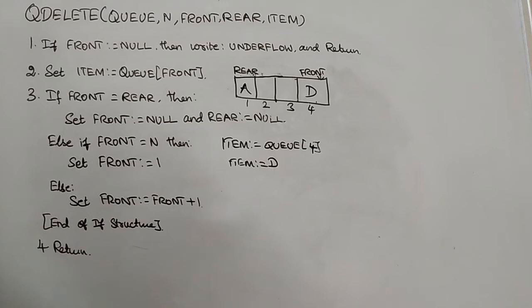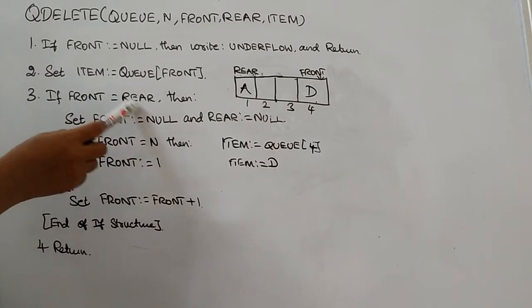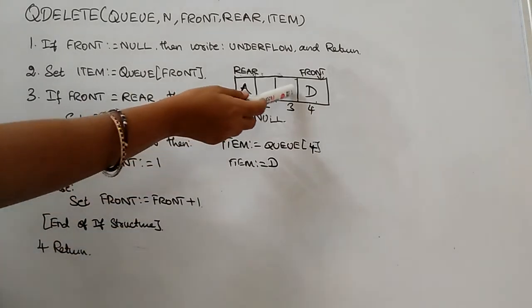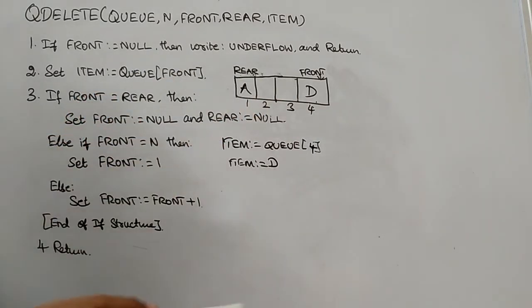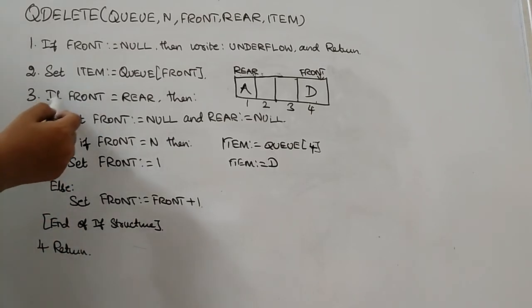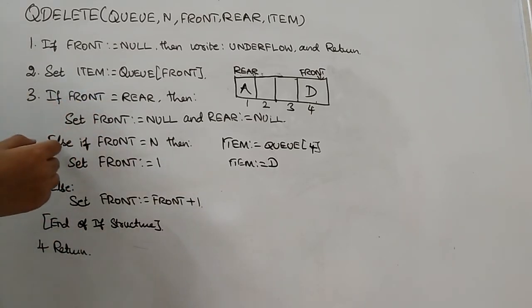Next we are going to change the value of front, so we check whether front is equal to rear, but front and rear are not equal. That's why the condition fails, and program control comes to the else part.